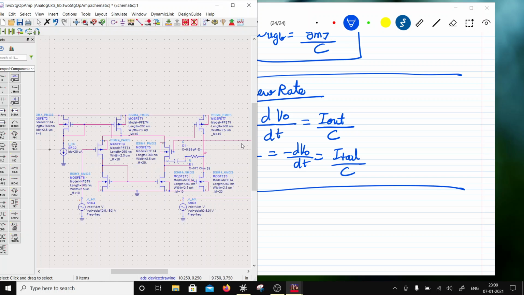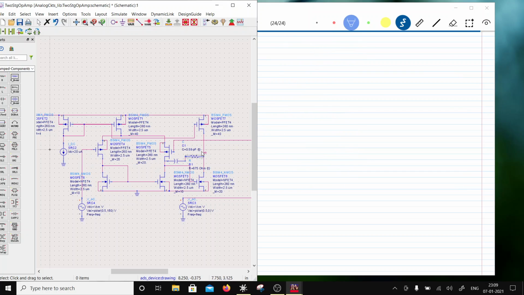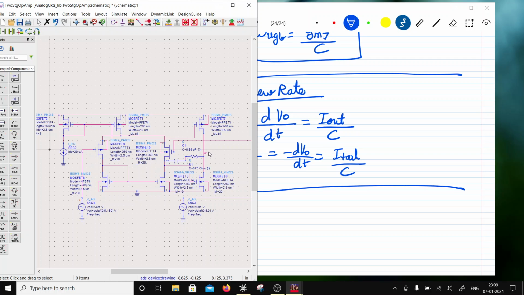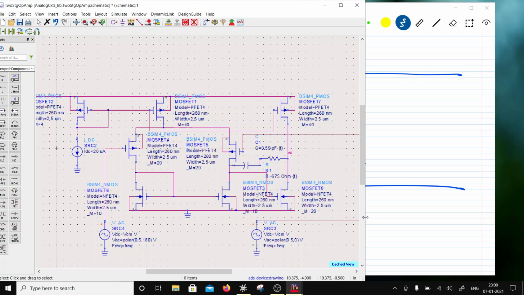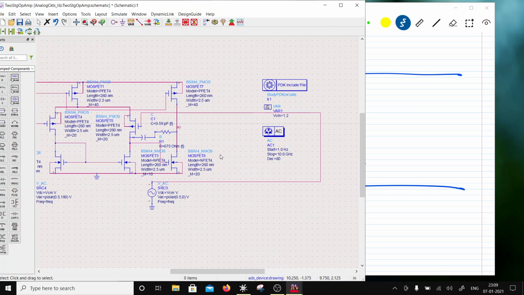But the point to note here is this op-amp is not going to drive any resistive loads. Because if this op-amp drives a resistive load, what's going to happen? This stage is going to starve of current, because the load will take all the current.